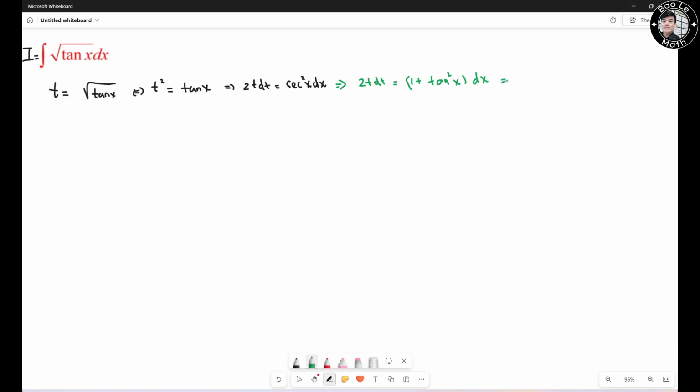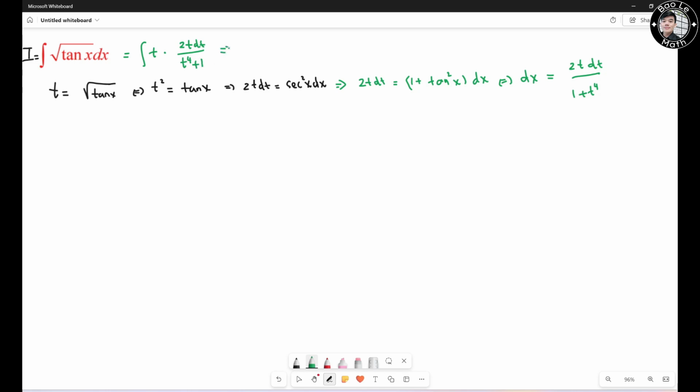So I'm going to divide both sides by 1 plus t to the 4, so I have ds equals 2t dt over 1 plus t to the 4. So I substitute over here, and I have the integral of t times 2t dt over t to the 4 plus 1.